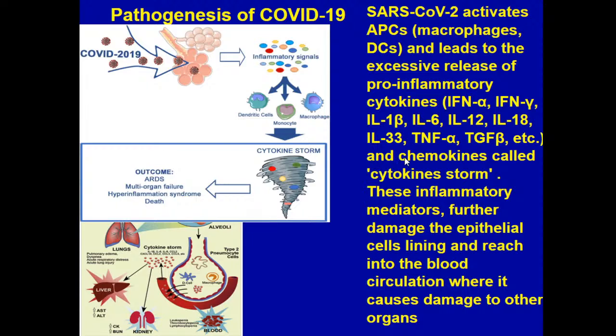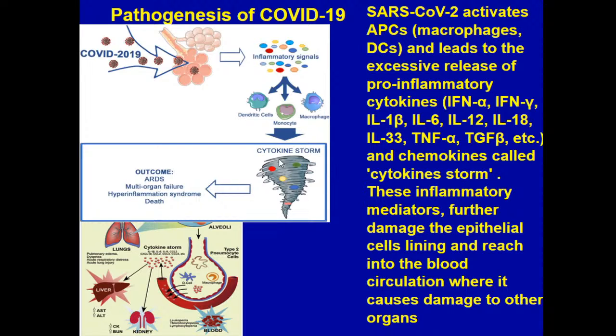And also a lot of chemokines that are called CCR, CCX, and so on. By their release, we have the disbalance of the interleukin profile in the body that is now called cytokine storm.